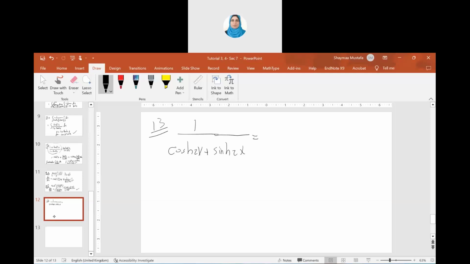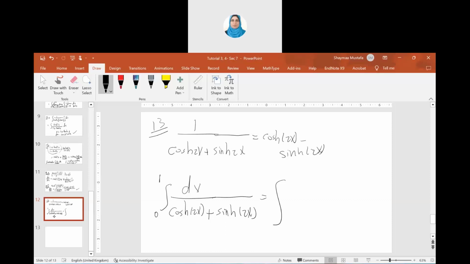To prove that this is equal to cos 2x minus sine 2x. Then after you prove this one, you need to use it to calculate the integral of cos 2x plus sine 2x, from 0 to 1.